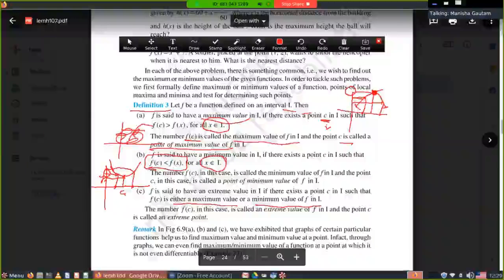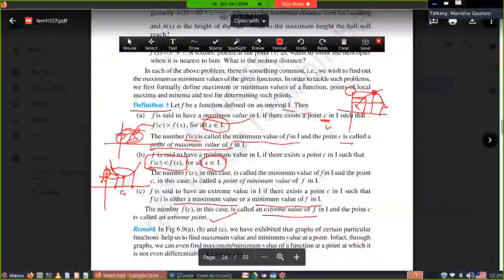The number f of C is called the extreme value of f in interval I, and the point C is called the extreme point.